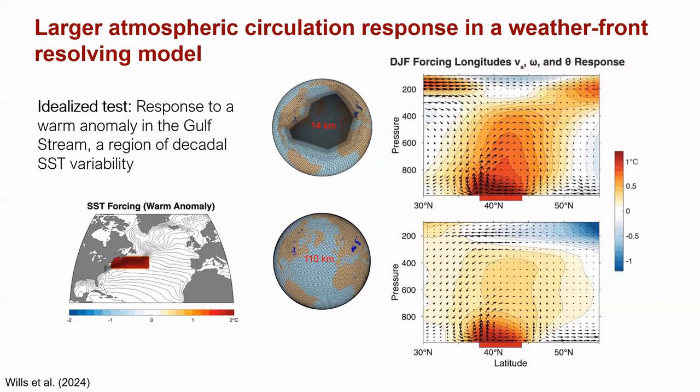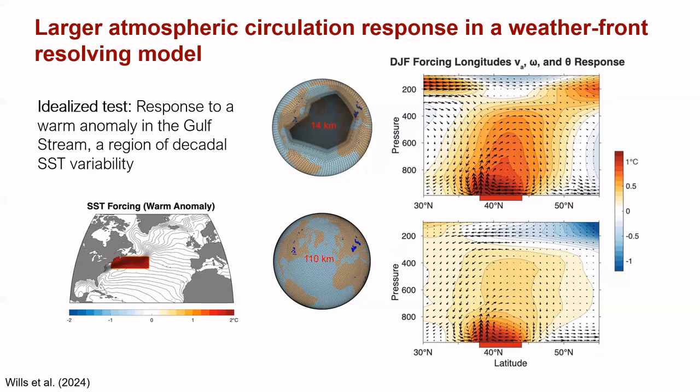Mechanistically, there's a lot more detail in the paper, but this comes about via communication of the warming from the forcing region aloft. This is showing a sector zonal mean over the SST anomaly, and showing a deep warming extending up to 400 hectopascals or so.